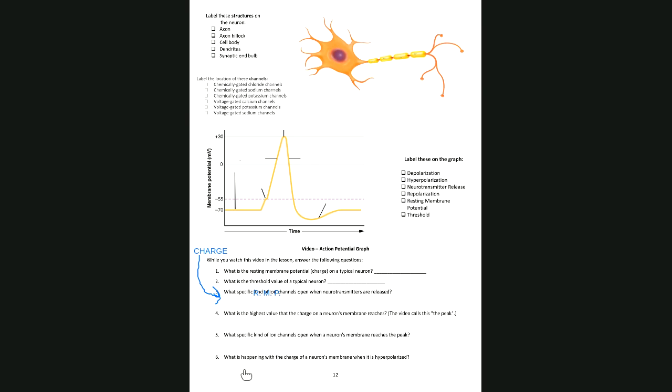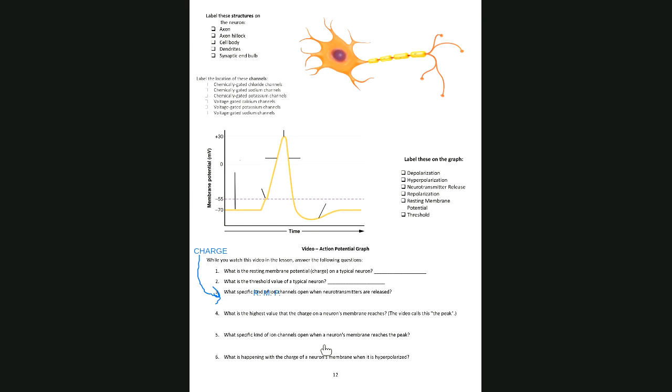It's going to chill out at -70 unless it gets a message from a neighboring neuron. If it gets a message from a neighboring neuron, especially an excitatory message, that's going to cause its membrane charge to get more positive, like we see here. If we get positive enough, we're going to hit a special value that's going to cause my neuron to freak out and go talk to its neighbors.